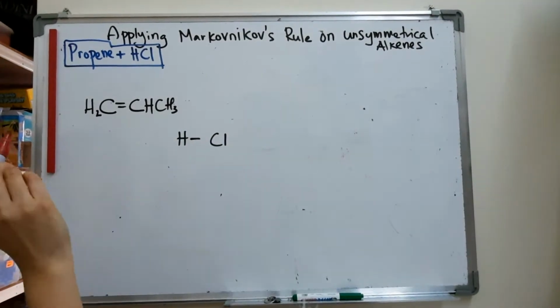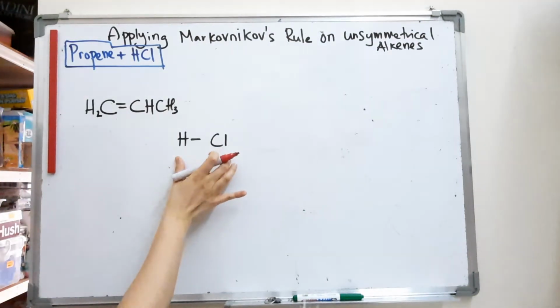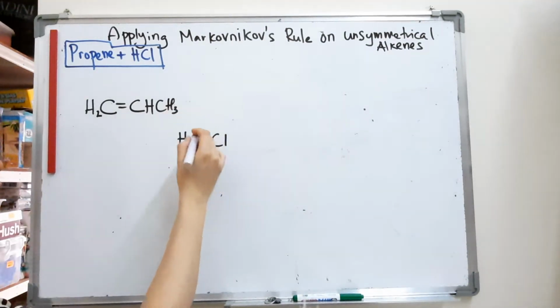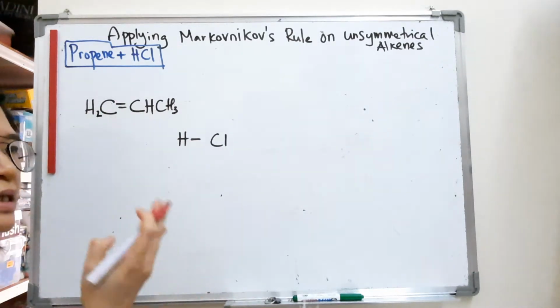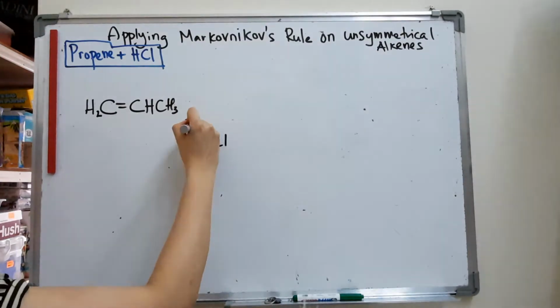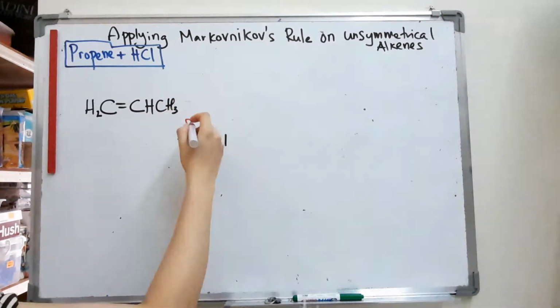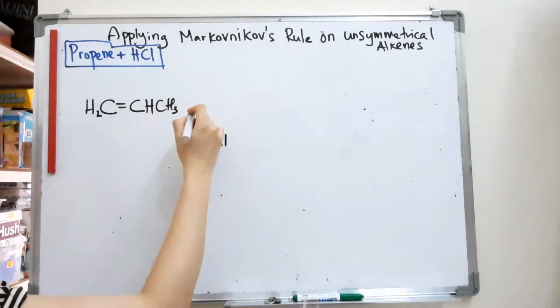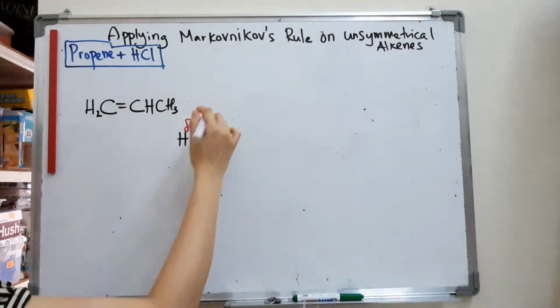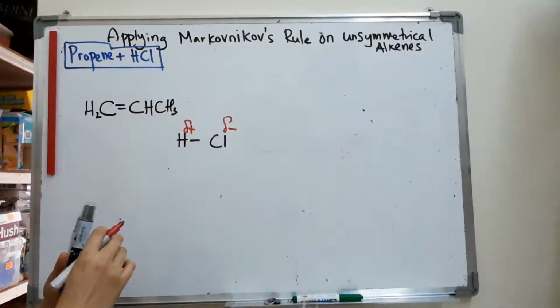First of all, you need to determine which one is the electrophile. In order to determine, you need to find out which one is delta plus, because an electrophile will be positively charged or more positive. This one is not that hard compared to the Br2 because it doesn't need to be polarized. It's a polar molecule. Automatically I know H is delta plus, Cl is delta minus.